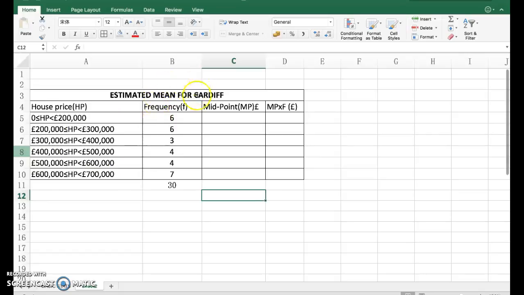So when you've done that, for the frequency, which we've got here as F, we pick the midpoint of that. So what's in the middle between 0 and 200,000? The midpoint of that price range is 100,000. I'm going to get rid of the decimal points. You can see how I do that there. Same again, so what's the midpoint of 200 and 300,000? Well, that's 250,000.